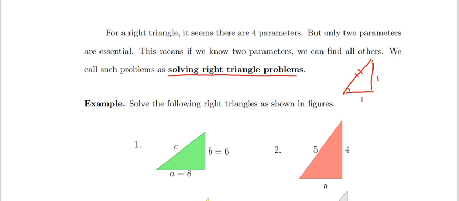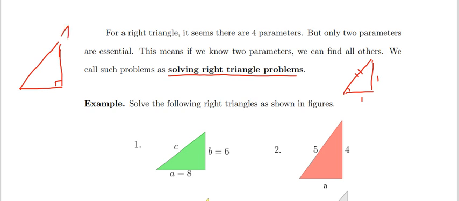So for a right triangle, it seems we have 4 parameters. Like we have 2 angles, 3 sides, right? A, B, C. But of these 3 sides, if we know 2 of them, we can find the other one. So let's see. This is a fixed 90-degree angle.